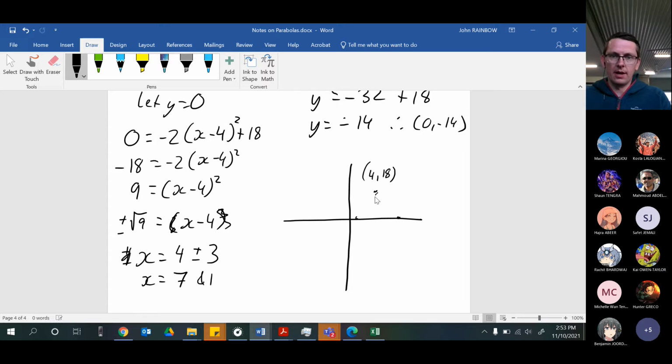You should note that the turning point and the x-intercepts are going to be evenly spaced from 4 across, which makes sense. So I can tell that they're correct, by the way. And then the y-intercept is at -14. So if that's 18, -14 would be around here. So it'd be 0, -14.